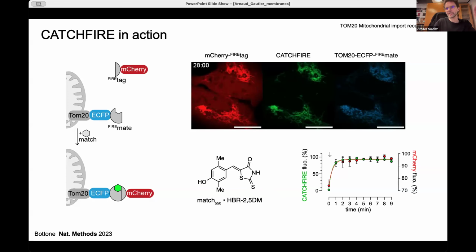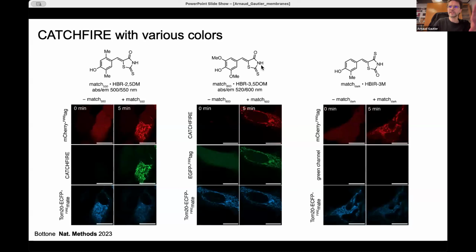Interestingly, we can also modulate the spectral properties of CATCH-FIRE by modulating the chromophore we use. As I told you, for PFAS we have different chromophores, and depending on their structure we can have different spectral properties. So we also have a MATCH 600 that emits at 600 nanometers, which has this chemical structure, and that allows us to do a red CATCH-FIRE.